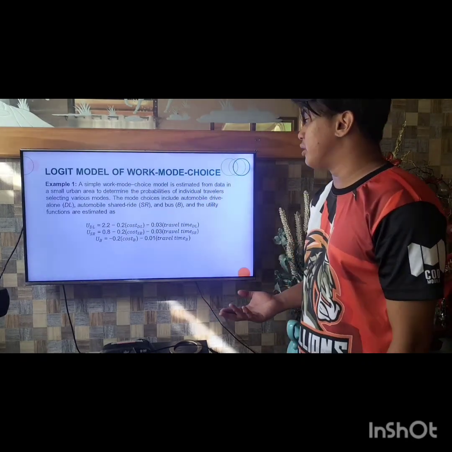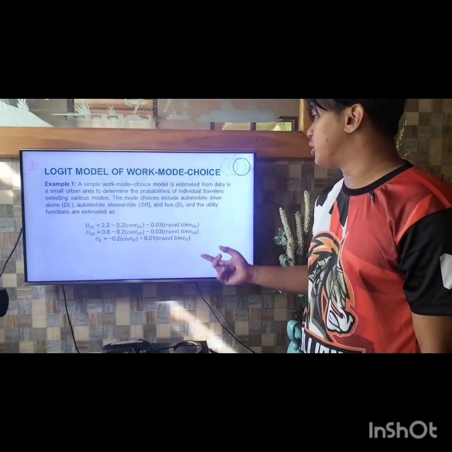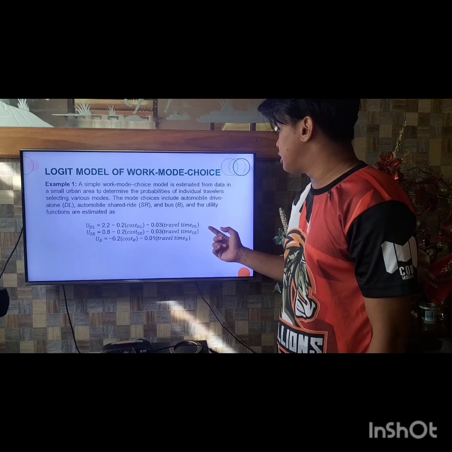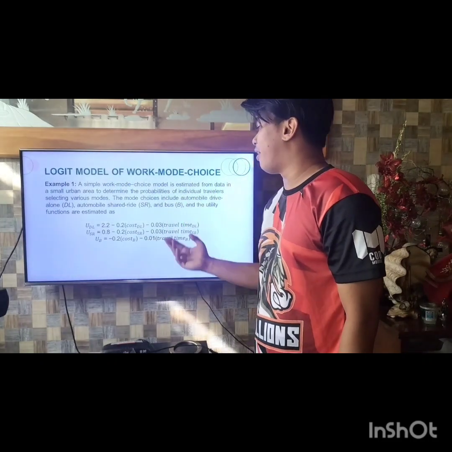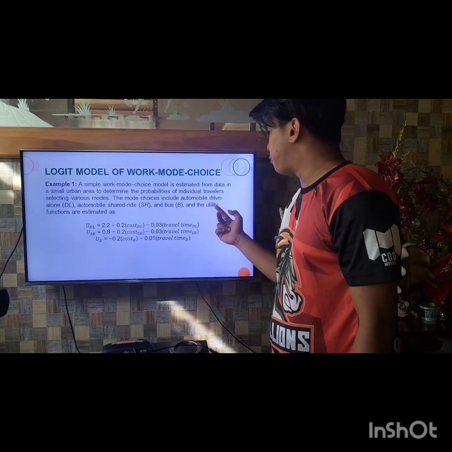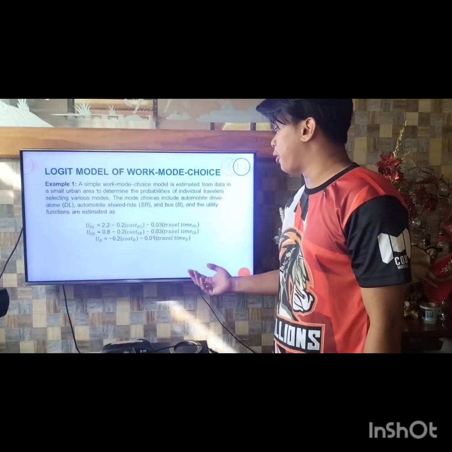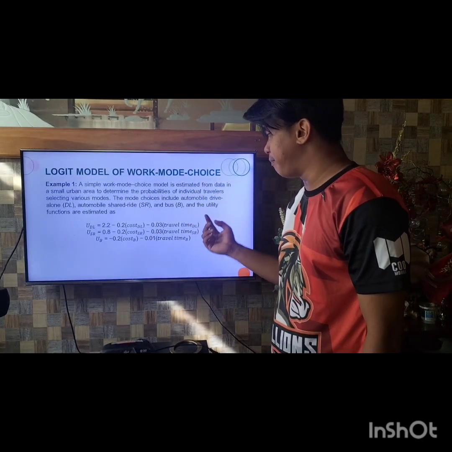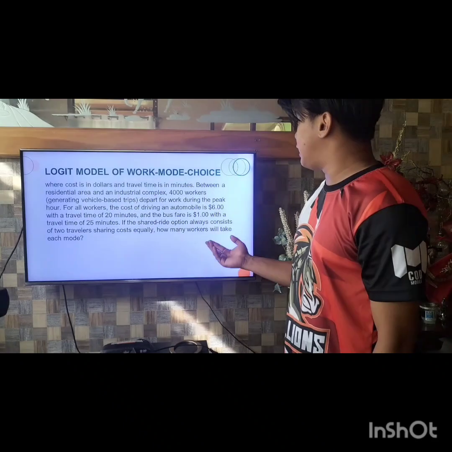The utility functions are estimated as U sub DA is equal to 2.2 minus 0.2 times cost DA minus 0.03 times travel time DA. U sub SR is equal to 0.8 minus 0.2 times cost SR minus 0.03 times travel time SR. U sub B is equal to negative 0.2 times cost B minus 0.01 times travel time B, where cost is in dollars and travel time is in minutes.